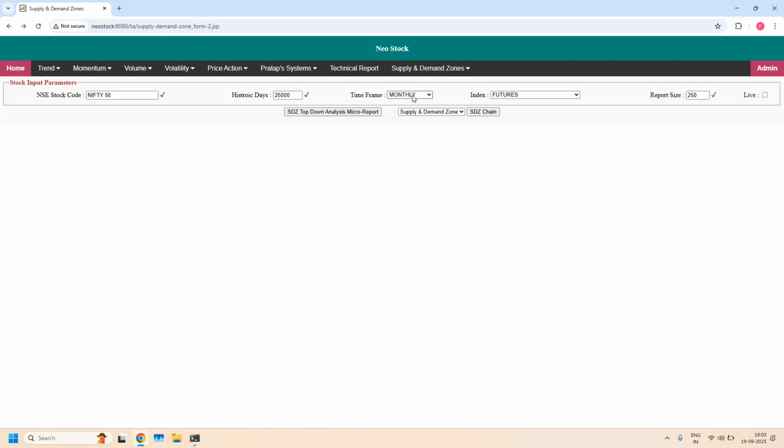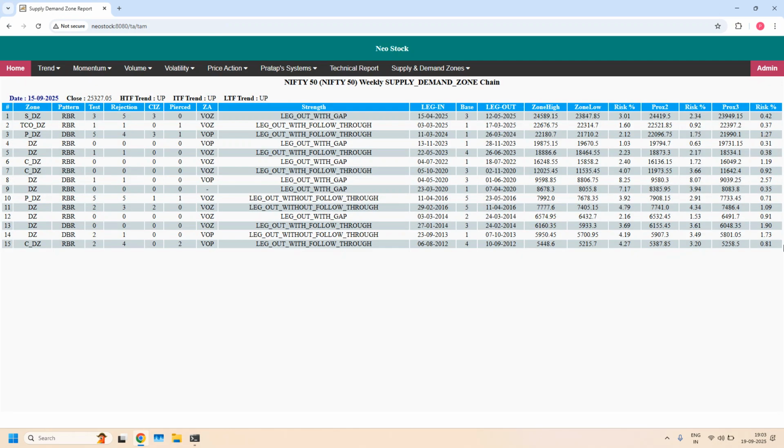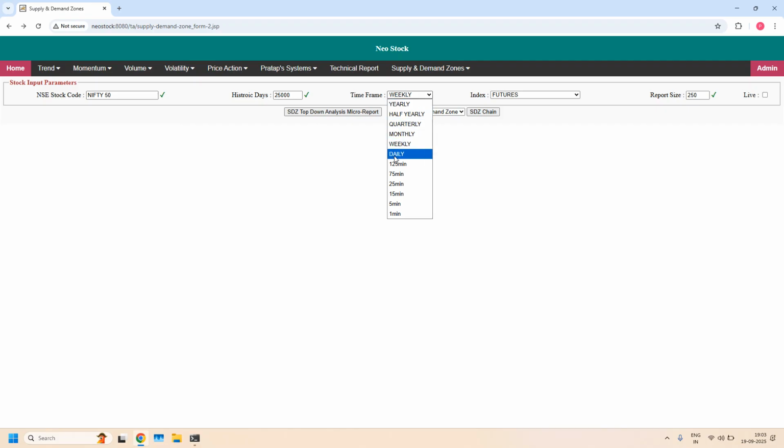Next, generating weekly supply demand zone chain for NIFTY. Next, generating a daily supply demand zone chain for NIFTY.